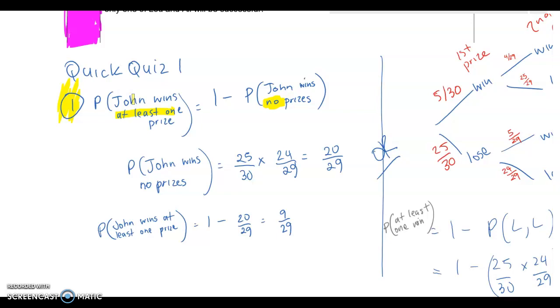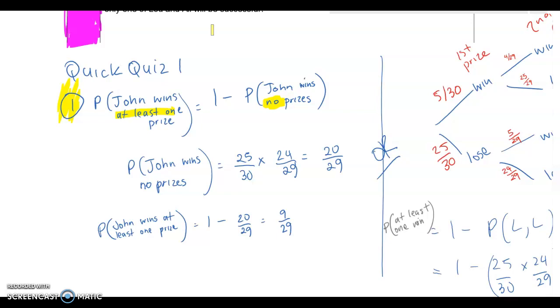So we can have a look at that using our information from the last exercise that we did. So the probability that John wins no prizes from our first draw is going to be 25 out of 30. So there were 30 tickets all up. John had 5. So he's got 5 chances of winning, but he's got 25 chances of not winning. And that's where that 25 comes from. That's what's happening in our first draw.